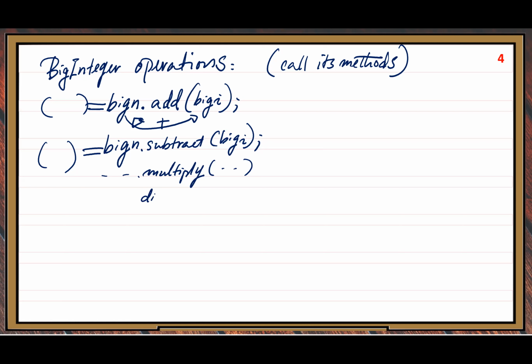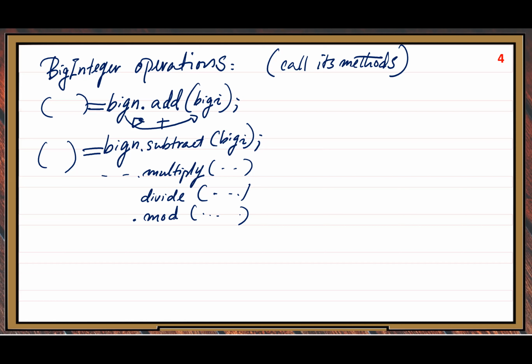Divide. You can search the online big integer documentation for the details. And we also need to use the mod operation, integer mod operation to get a remainder.